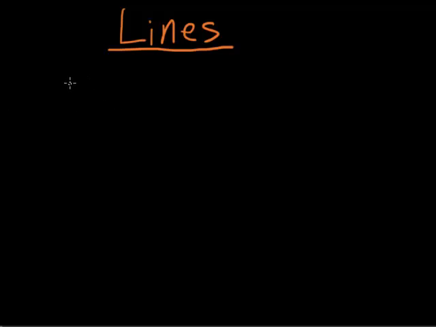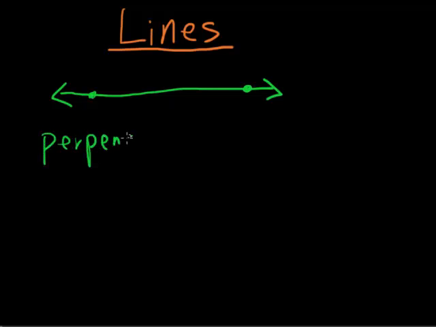Alright, and we will basically end this basic discussion on geometry with lines. Okay, so a line is basically a connection between 2 points. Okay, and it could go on forever. So pretend that these lines are drawn straight and they just keep on going. Okay, we say that two lines are perpendicular if they touch each other, intersect, right?